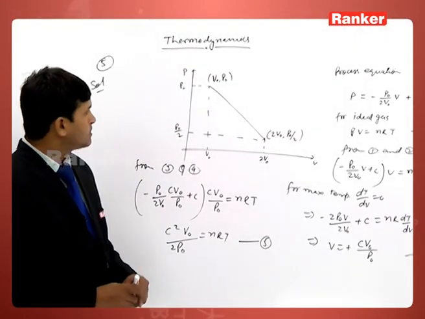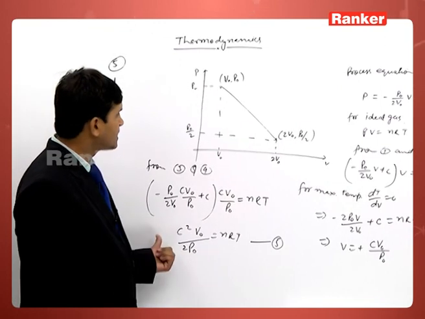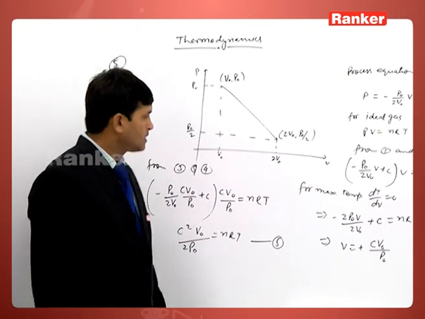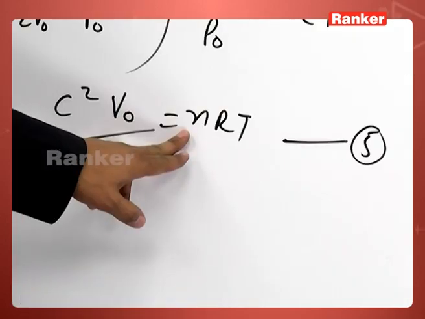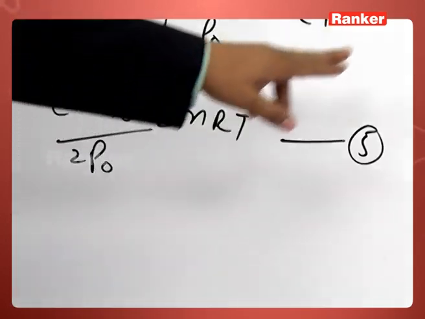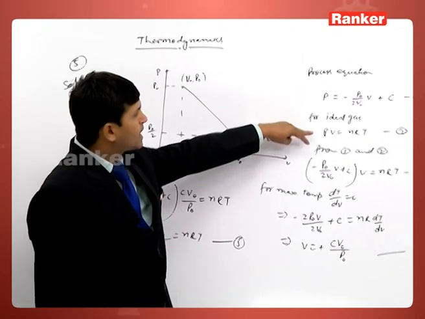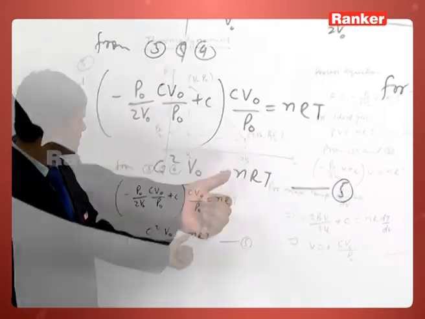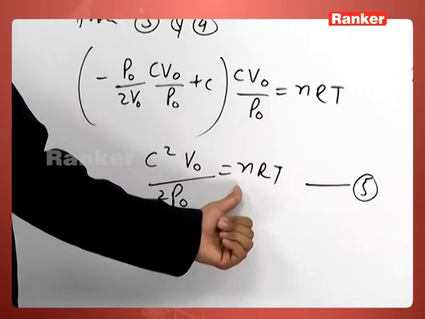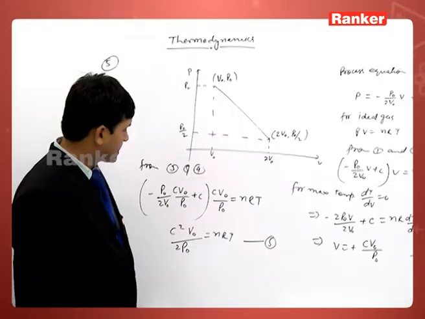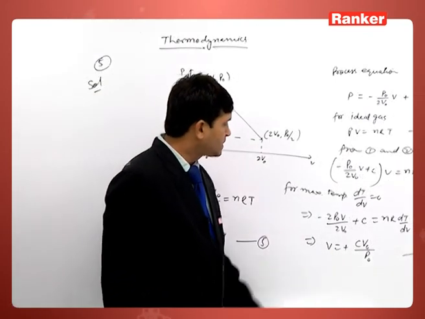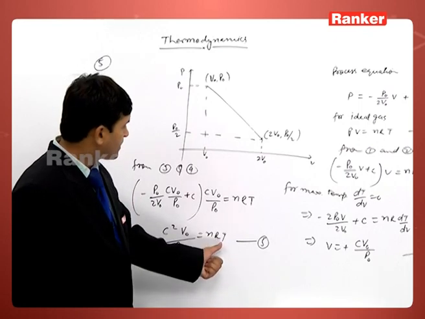Now from this we have to eliminate the value of C and nR, and for that purpose we will use this ideal gas equation. When we are substituting the value of V, this is the V at which we are getting the maximum temperature.